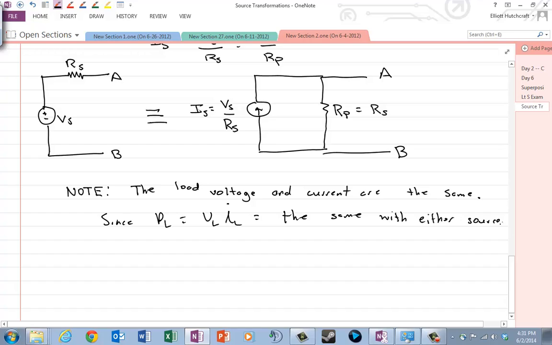Okay, so let's do an example here of source transformation.